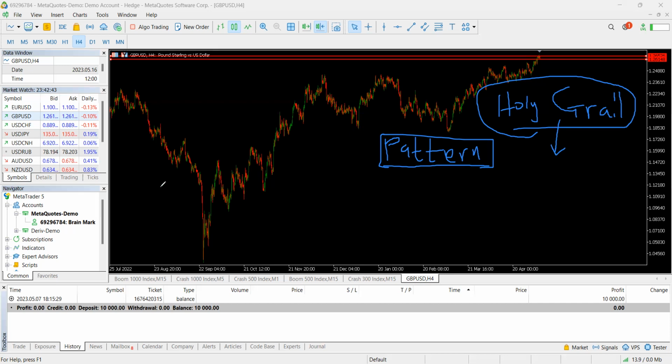The market does not ask permission from anyone. The market will not come and ask, hey, I'm coming to buy, are you ready to trade? No, it will not do that.